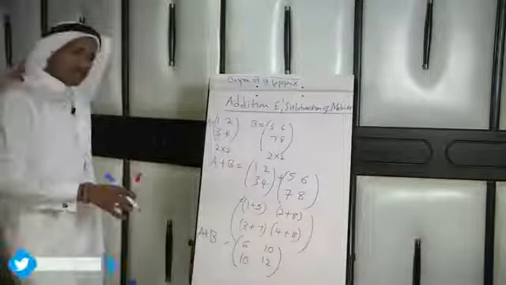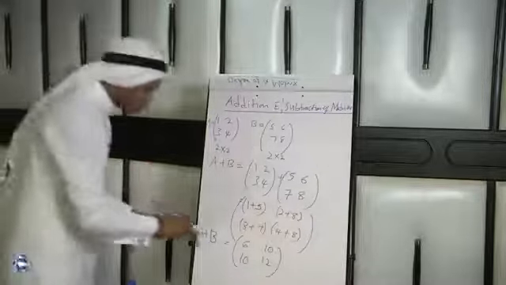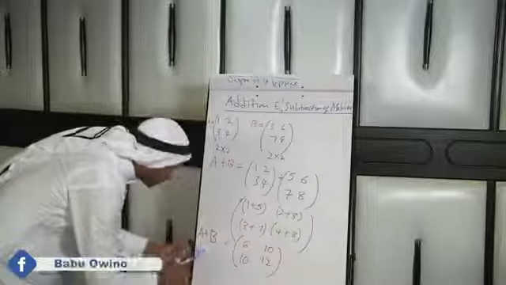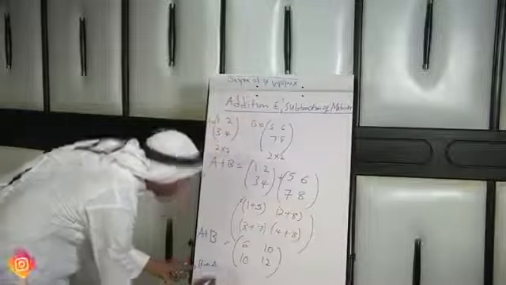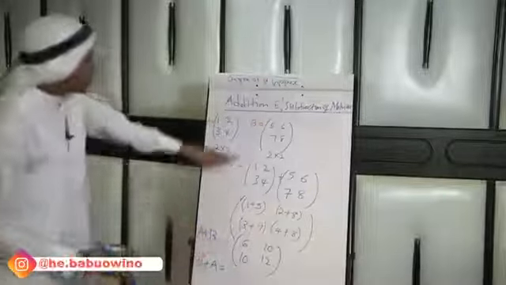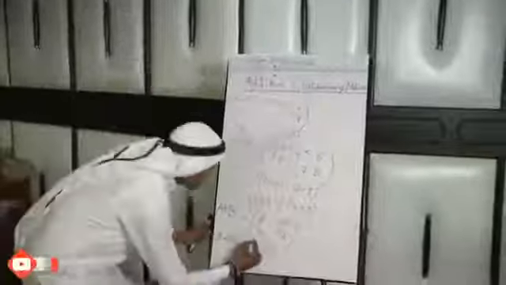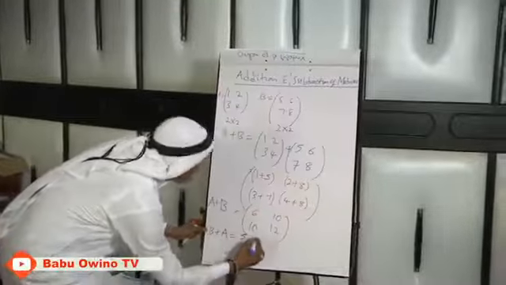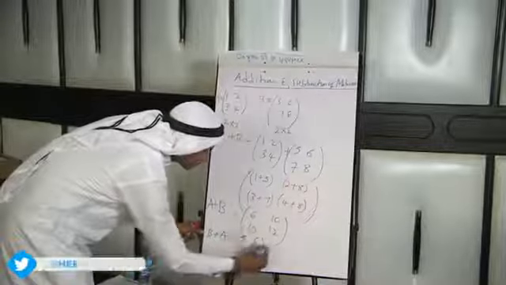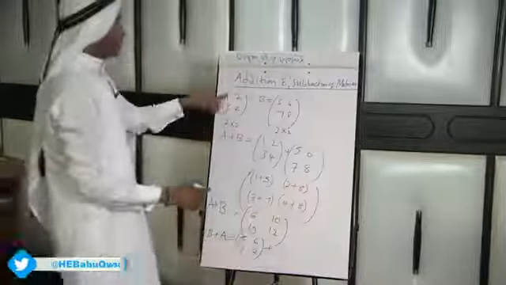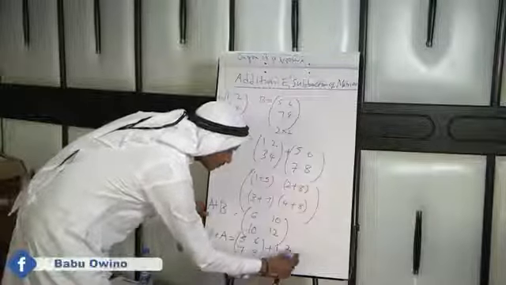Now from here, we want to get B plus A. That is A plus B. What if we get B plus A? So for B plus A, you start with B. Our B is 5, 7, 6, 8. Then you add it to 1, 2, 3, 4.